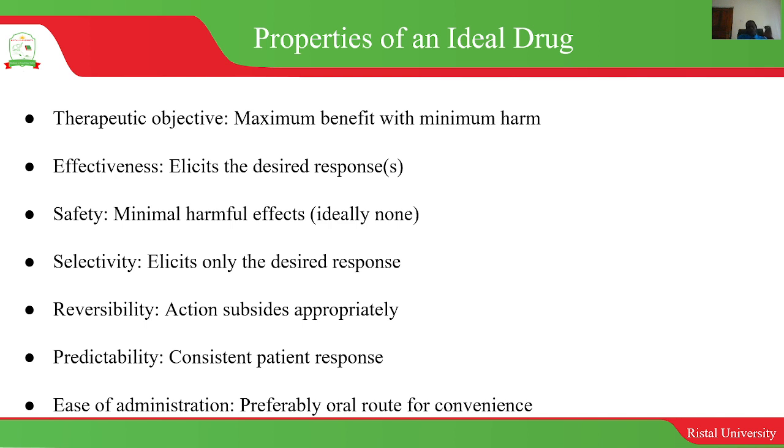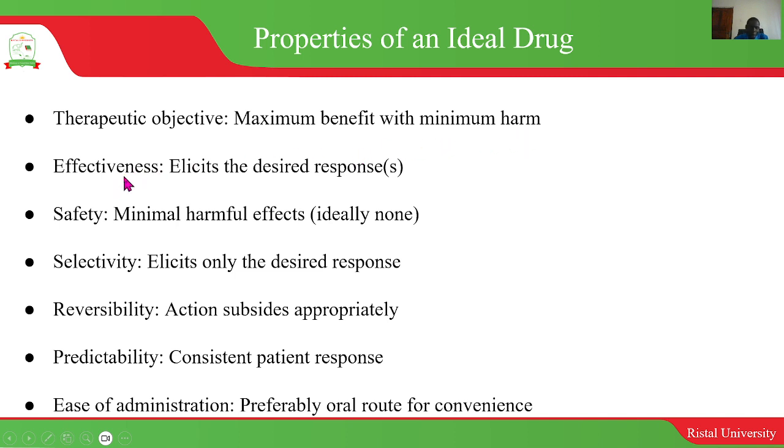One of the properties of an ideal drug is that it will be able to achieve the therapeutic objective. Before we give a drug to someone, we already know that we need this drug to help this particular person in this one way. But then we need this to happen while we are minimizing side effects or harm. So to obtain the therapeutic goal while maximizing the benefit and minimizing the harm.